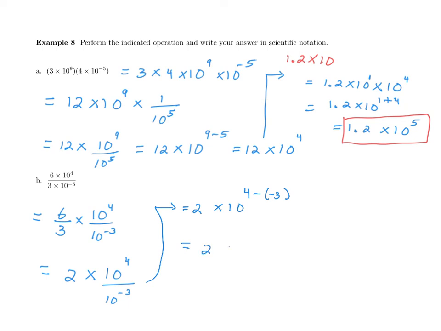And as we've discussed, if you see a negative, negative, that's the same thing as a positive. So this 4 minus a minus 3 is really 10 to the 4 plus 3. And since 4 plus 3 is 7, an integer, and 2 is between 1 and 10, this is the simplified final answer for part B.